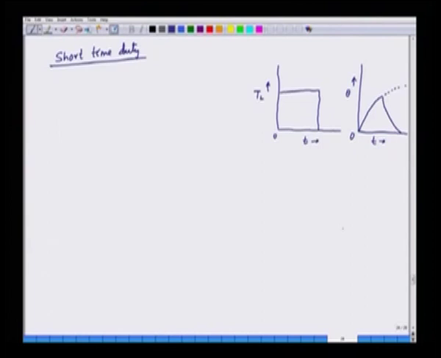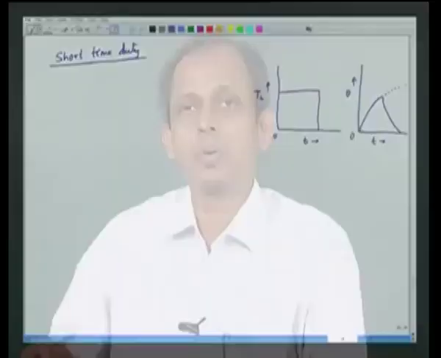So, what are the examples? The examples are crane drives. In a crane, we just apply the power to lift the load, and when the load is lifted and kept, the crane motor is switched off. So, this is an example of a short duty motor, and in this case the temperature of the motor is less than the steady state temperature that could be attained had it been operated continuously.